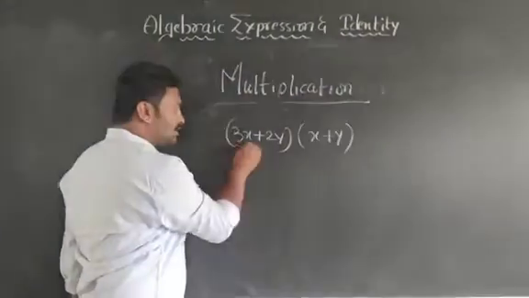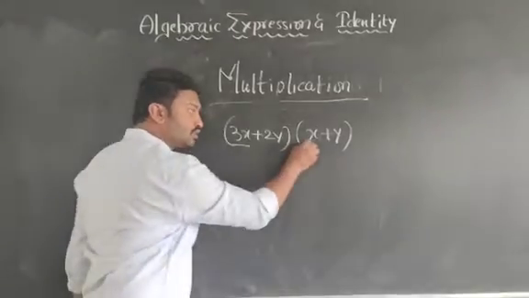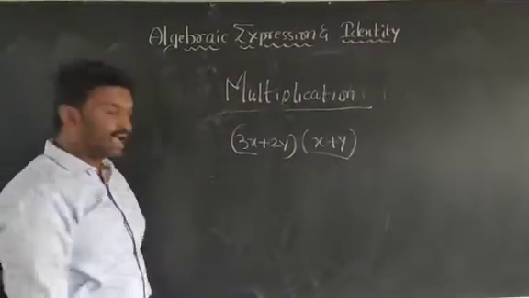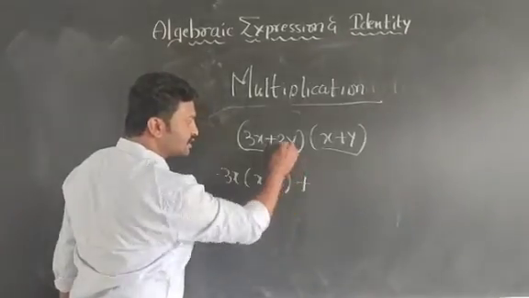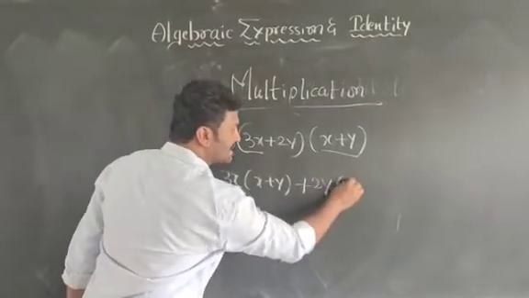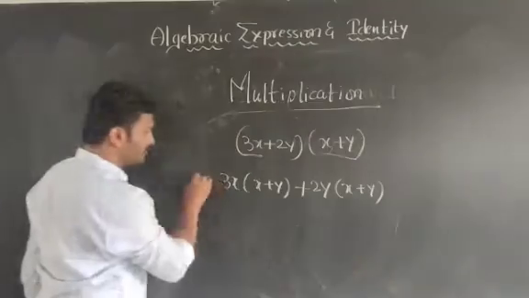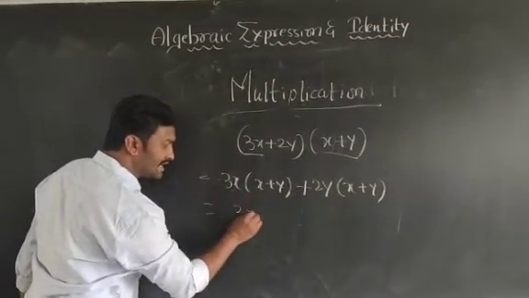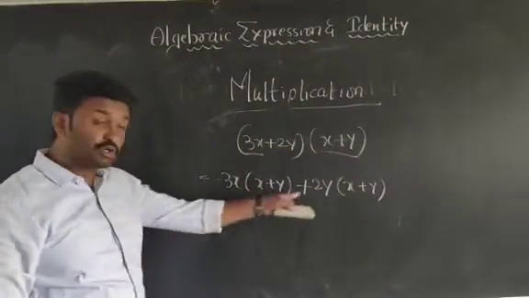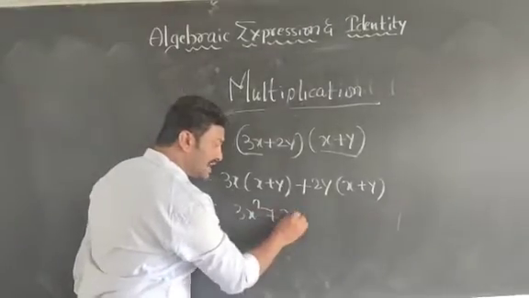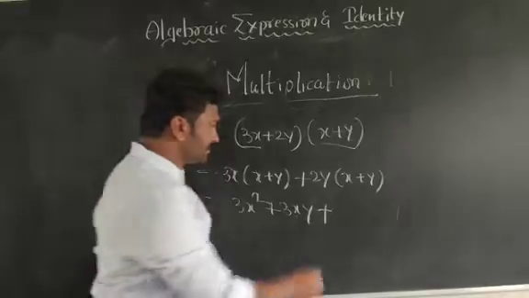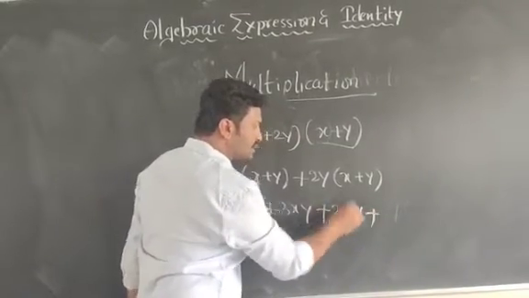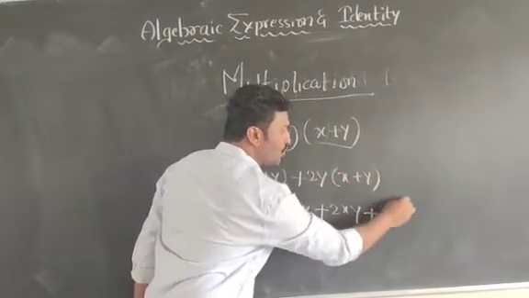First, 3x into x plus y, plus 2y into x plus y. 3x into x, 3x square. 3x into y, 3xy. Plus 2y into x, 2xy, plus 2y into y, 2y square.